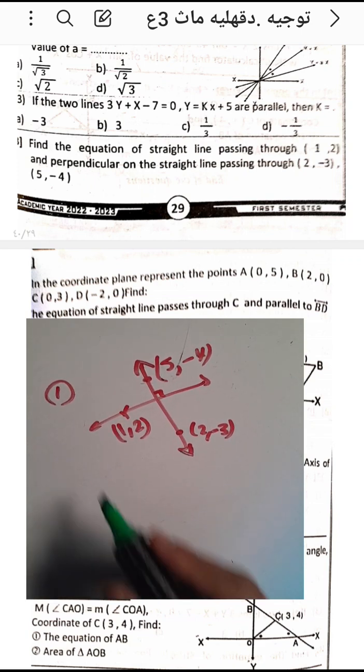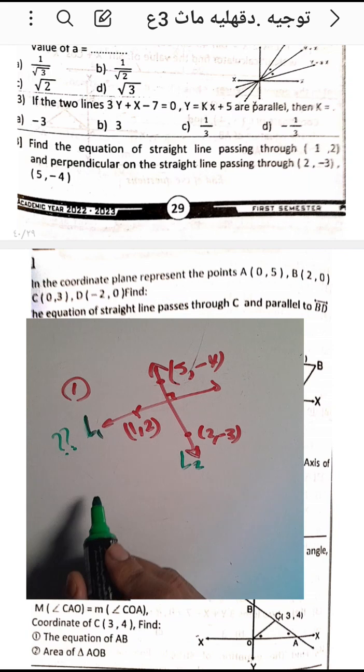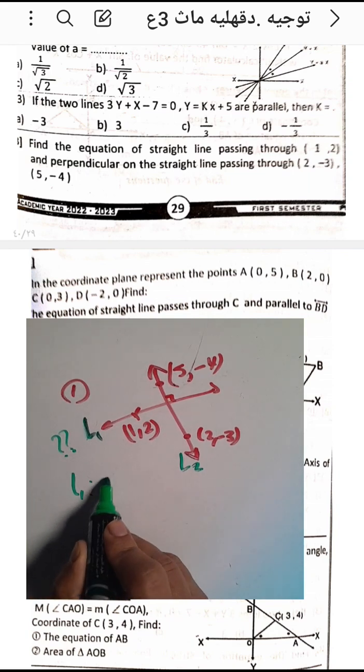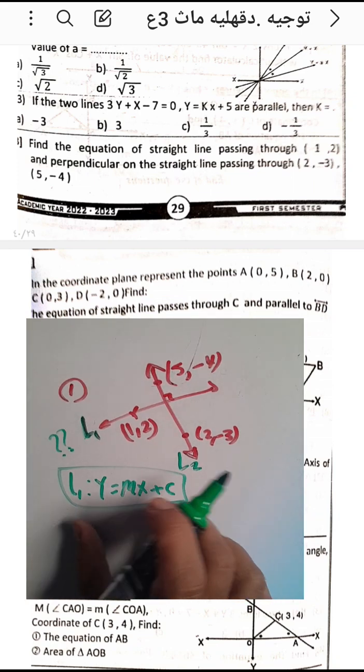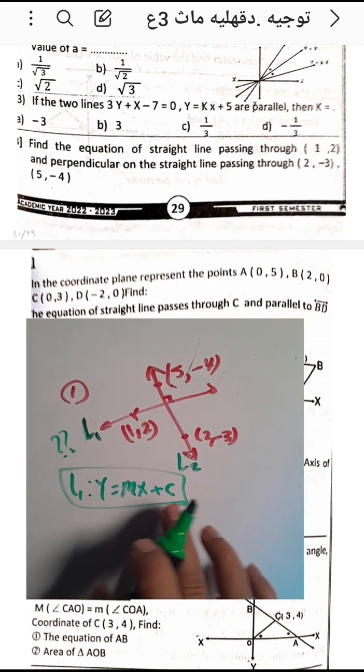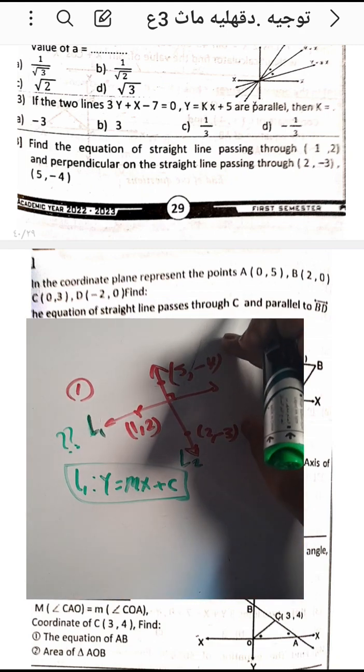I will call this L1 and we have L2. We want to find the equation of L1. First, we put L1 as y equals mx plus constant. M refers to the slope. To find the slope here, you first find the slope of L2.